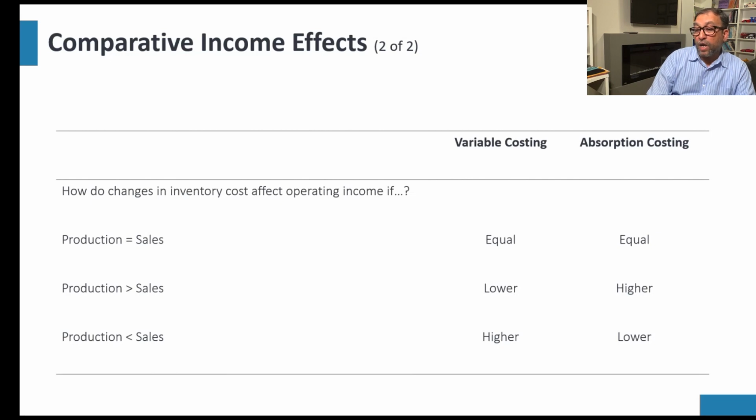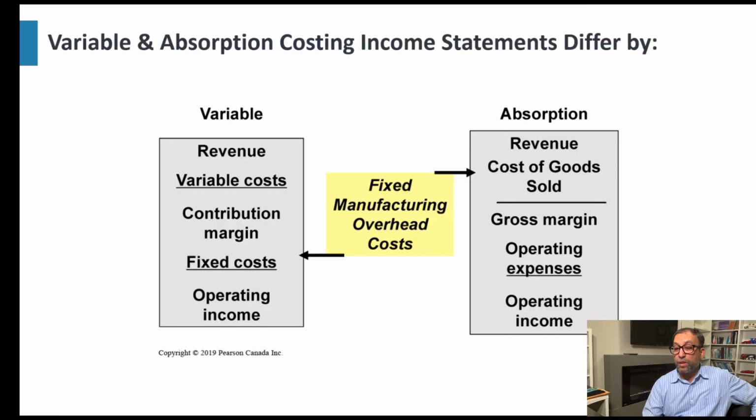In that case, the variable costing method lowers the income and the absorption costing method raises the income. And if production is less and sales are more, like we are selling the inventories of last year, then because production is less, the variable costing method shows a higher profit and the absorption costing method lowers the profit. So this is the way that it works.